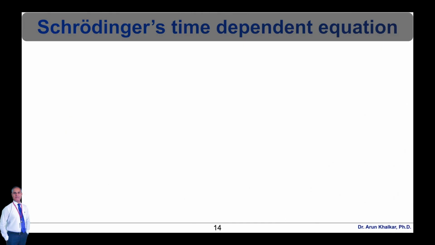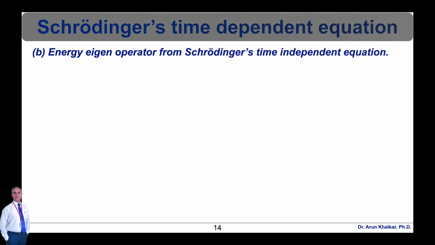Now let's find out the energy eigenoperator from Schrödinger's time-independent wave equation. As we know, del square psi plus 2m upon h bar square into bracket capital E minus capital V bracket complete into psi is equal to 0. Therefore, we can write del square psi plus 2m upon h bar square into E psi minus V psi is equal to 0.